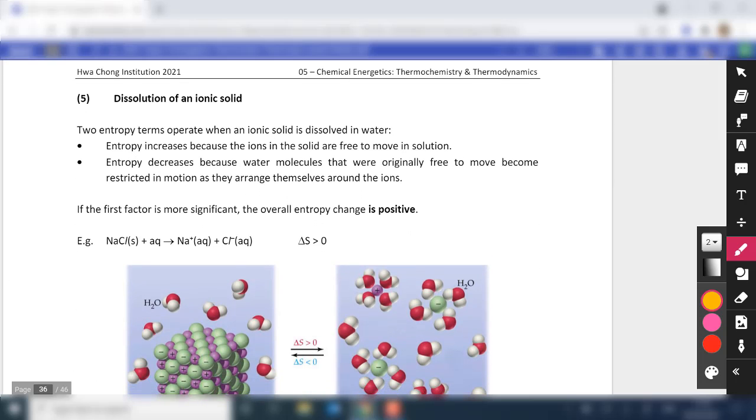And then of course, dissolution of an ionic solid. I think this needs no introduction. If I dissolve it, I will generally expect the entropy to increase if you look at it from the perspective of the solid, because now the ions are more randomly distributed.